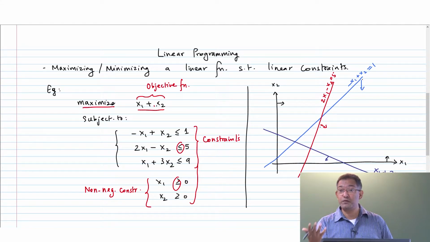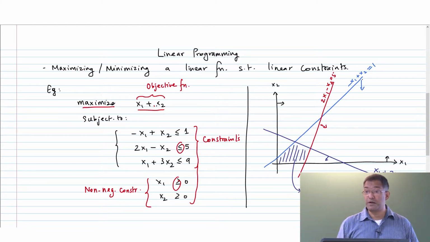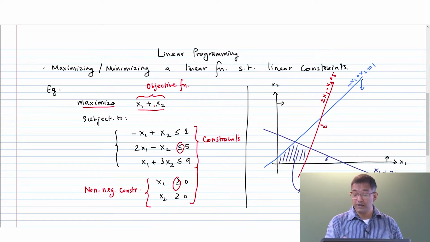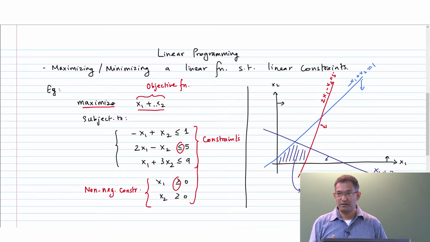It should lie in the intersection of all of these half spaces, which is this region. Okay, and this is called the feasible region. The set of points x1 and x2 that satisfy all of these inequalities simultaneously is the intersection of these half spaces, which is a convex set, as you have seen in the previous lecture.